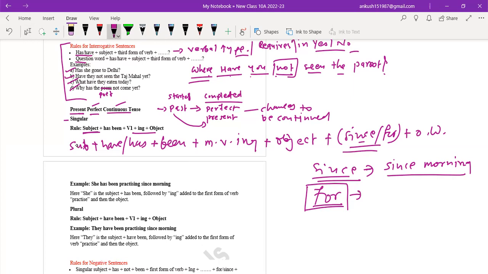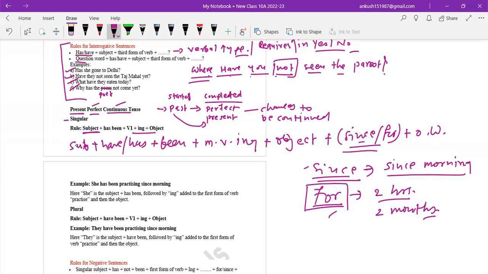And if you have to tell the perfect time period of any action, you may use like 2 hours, for 2 months, 2 days, 1 hour, such things. Before those you have to use for.